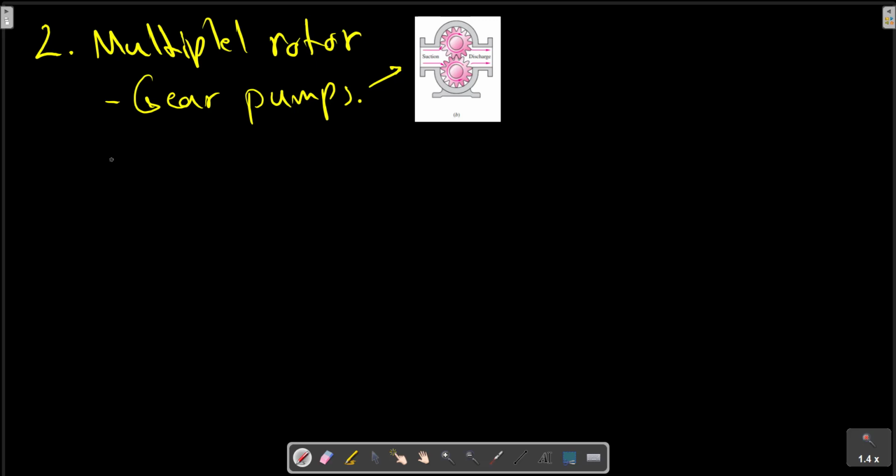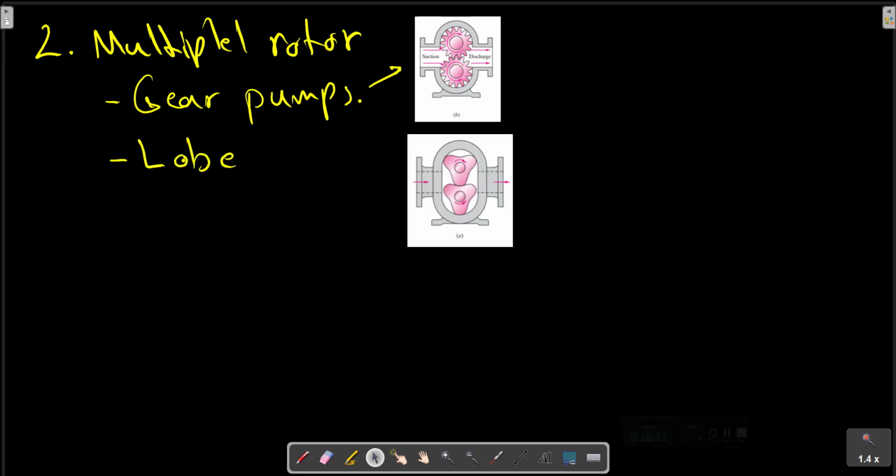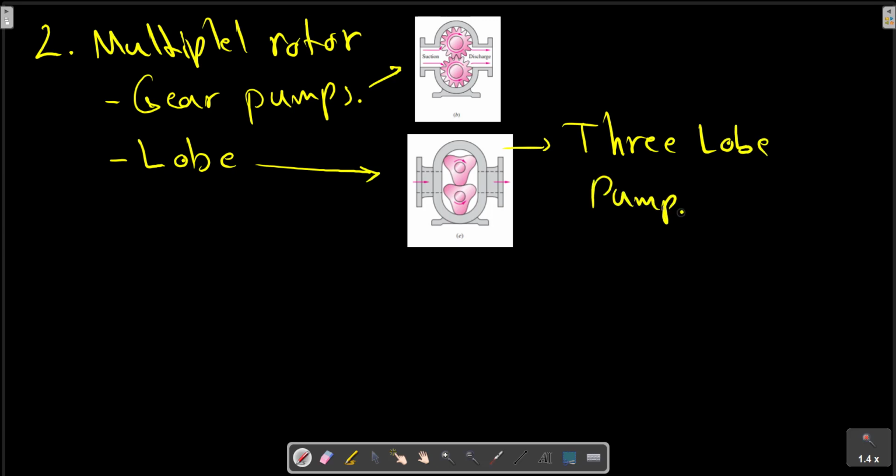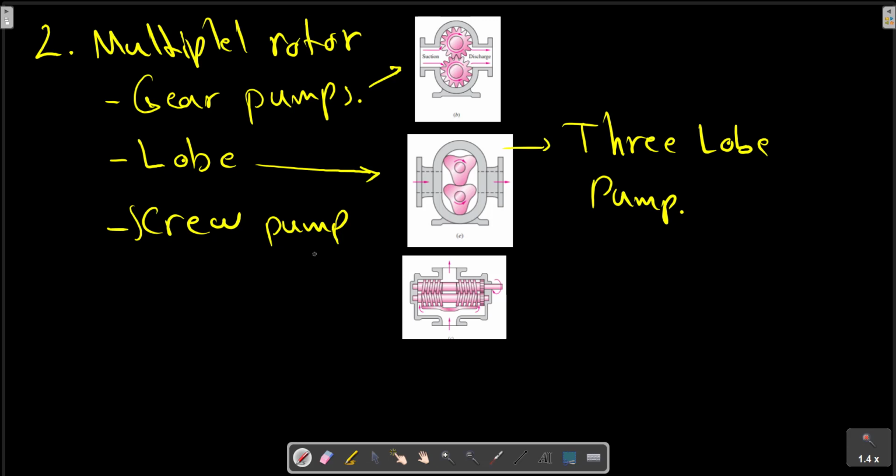Lobe pumps, which is also illustrated in this picture, is a three-lobe pump, and a screw pump, which is a double screw pump, is shown here.